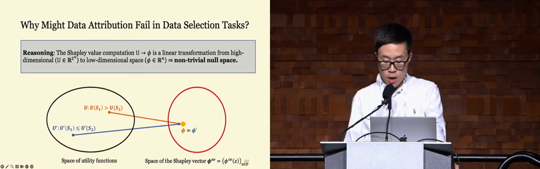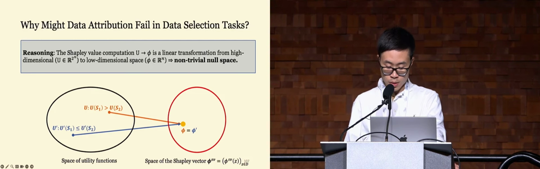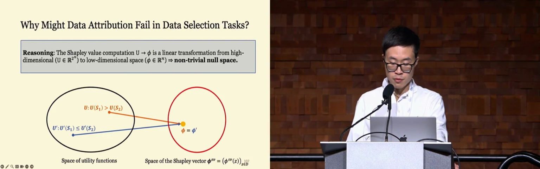Furthermore, the same result extends to a wide range of data attribution techniques, specifically all summary values with some mild structural properties, including the famous Lewin score or the influence function.